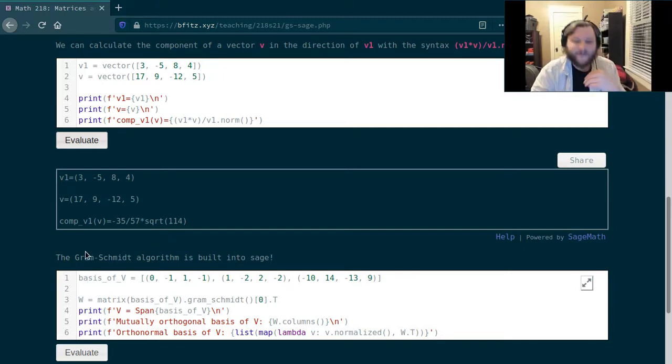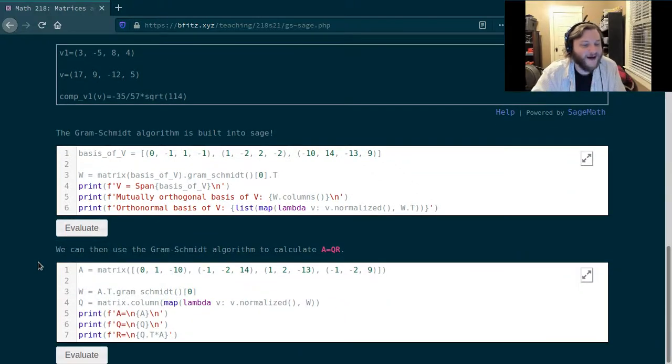And finally, and most importantly for us, I guess this isn't finally, we'll do one more thing, but importantly for us, we can apply the Gram-Schmidt algorithm with Sage, and this is nice. Remember, the Gram-Schmidt algorithm takes as an input any basis for a vector space, and then produces two new bases.